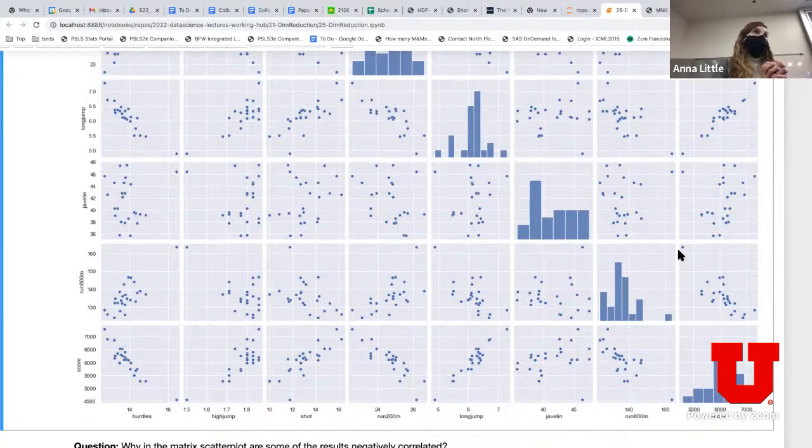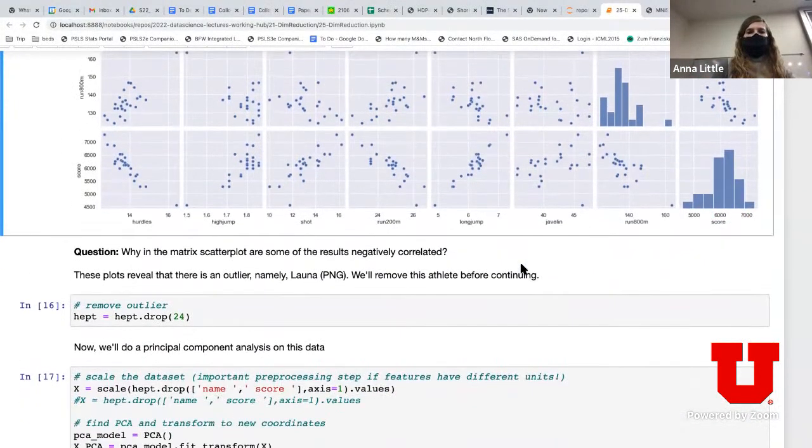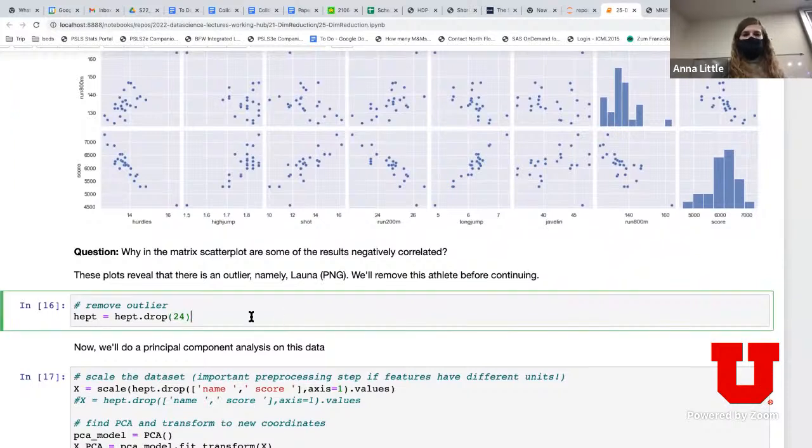If you have an outlier, it can really impact your results. PCA is the same way, because it's kind of like linear regression: you're doing best fits. So why don't we just take out the outlier?